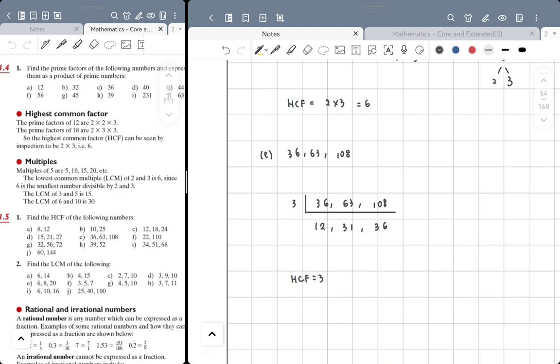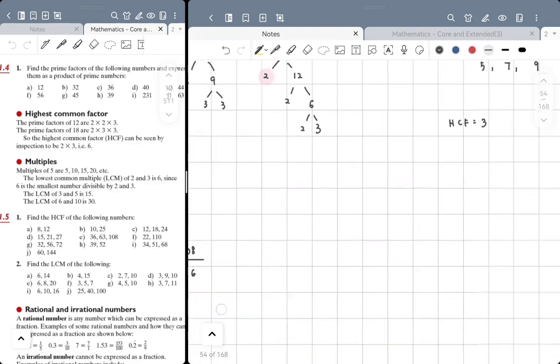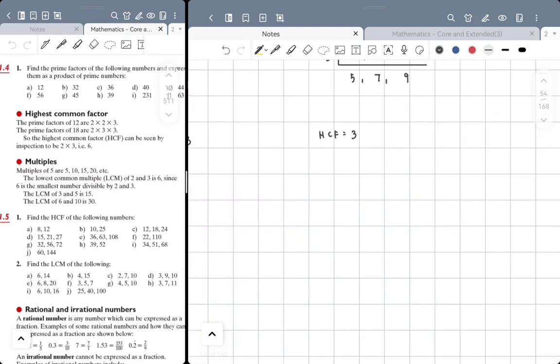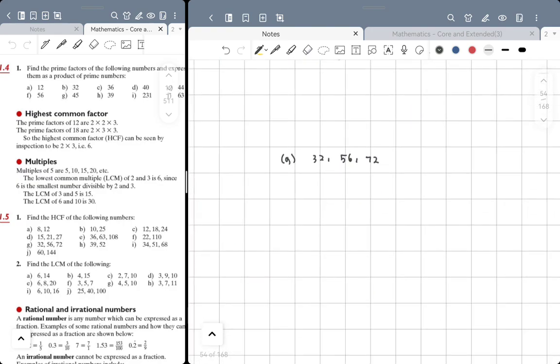I want to show you one that has more. Okay, for example, G. We have 32, 56, and 72. They can be divided by 2, so you'll get 16, 28, and 36.